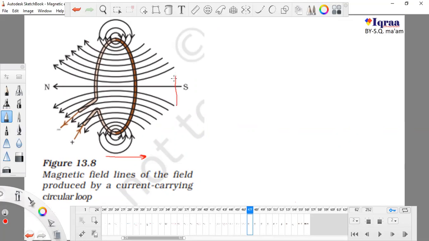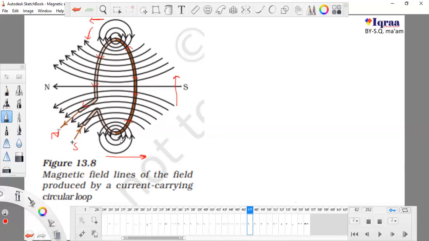This is the direction of current in this case, and in this case this is the direction of current, and current will again come down like this, because it will flow like this. This is the south pole and this is the north pole, because it has to flow from south to north, so this is how it comes.